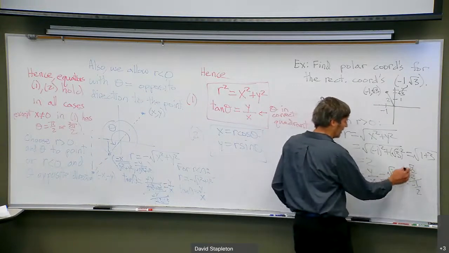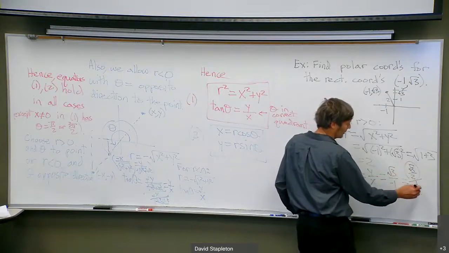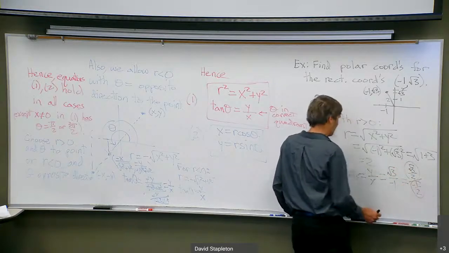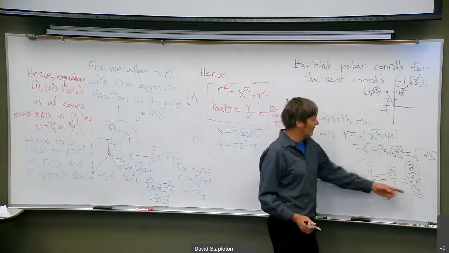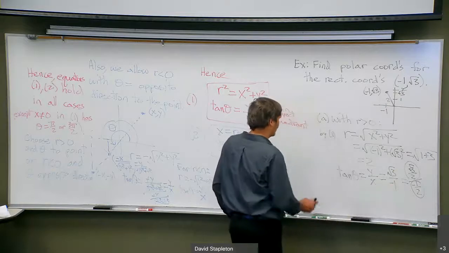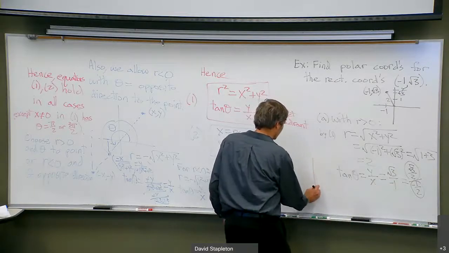This must be y, or on the unit circle, sine theta. This would be cosine theta. And I know what angle that is. I can now sketch it on the unit circle.